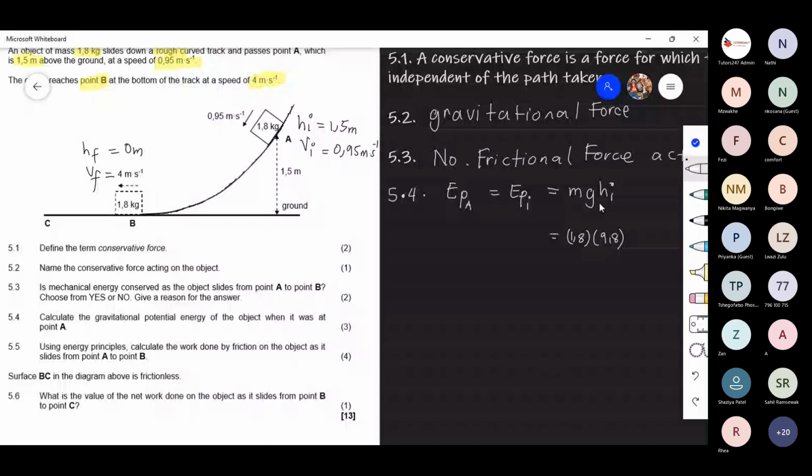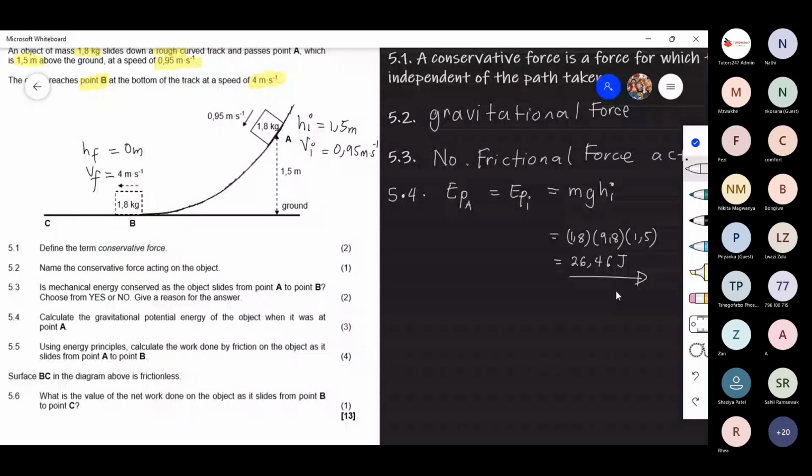If we put that into our calculator, 1.8 times 9.8 times 1.5, that gives us 26.46 joules. Keep in mind, we're calculating energy. Energy is calculated in joules, okay?